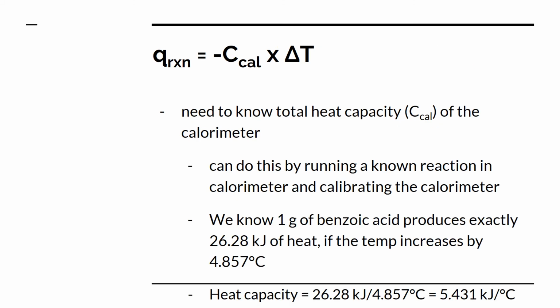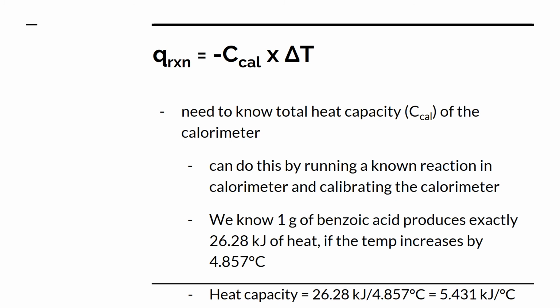So in this case, as we know already, Q of solution equals negative Q of reaction. So instead of saying that, you could just say the Q of reaction equals negative C times delta T. So C cal is, I'm sorry, not the molar, this is just the total heat capacity of the calorimeter.